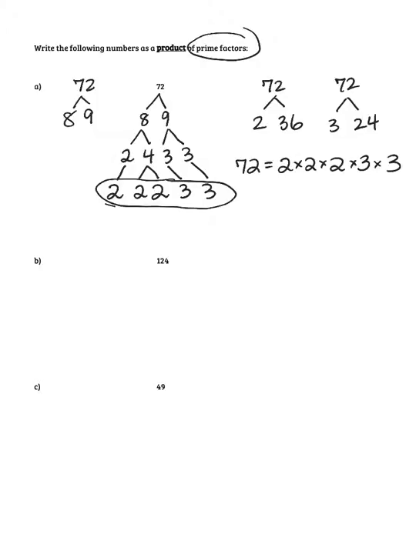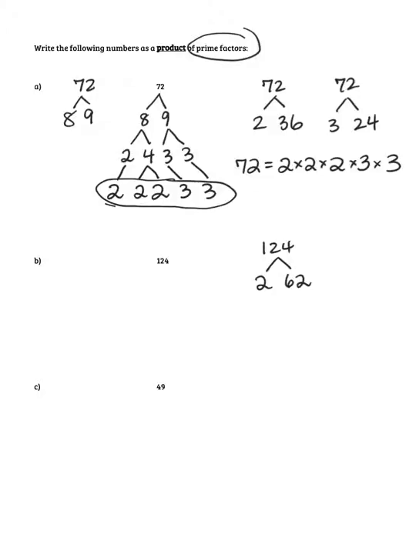Now, I'm going to continue here. Now, 124, you probably need to do a bit of division to find its factors. I know from looking at this, 124 is even, so it has to have 2 as a factor, and 2 times 62 will give us 124.